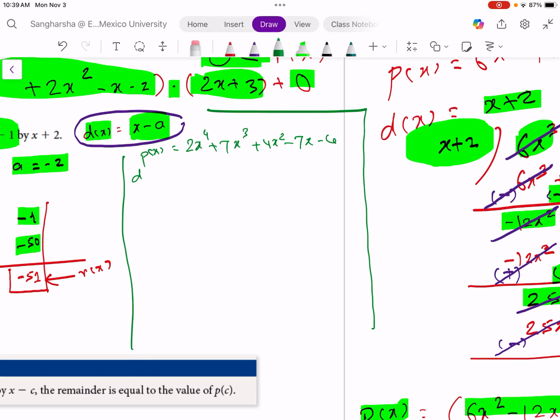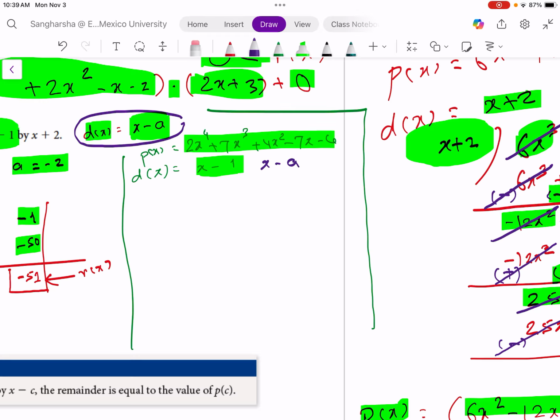Let's say we are dividing this polynomial by x minus 1, using synthetic division. Now what is our first step? We rewrite our polynomial in the descending order of exponent of the variable, which is already in order, so no need to rewrite. Second step, we compare our divisor d of x with x minus a.